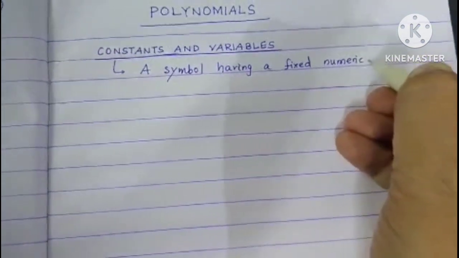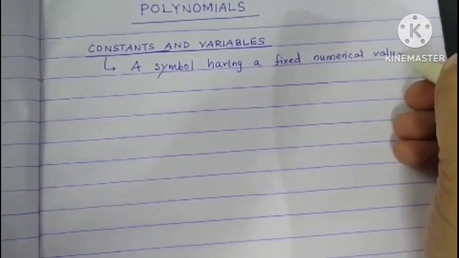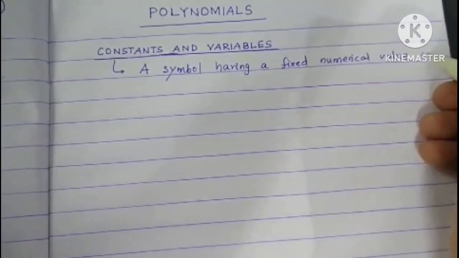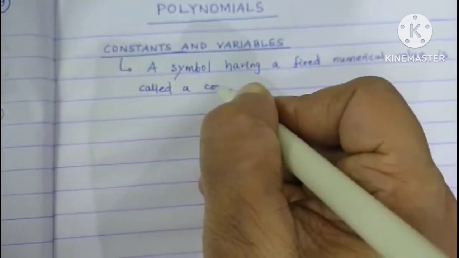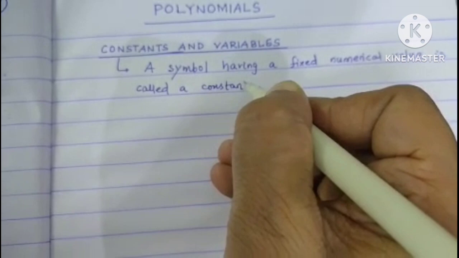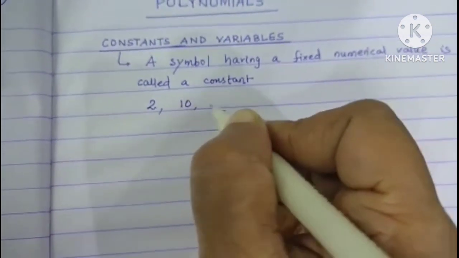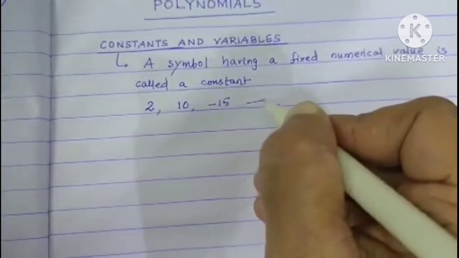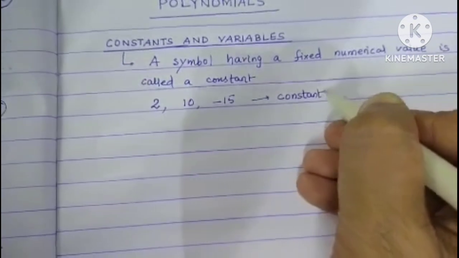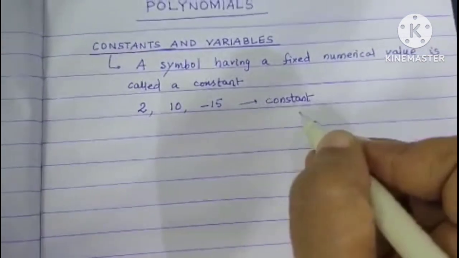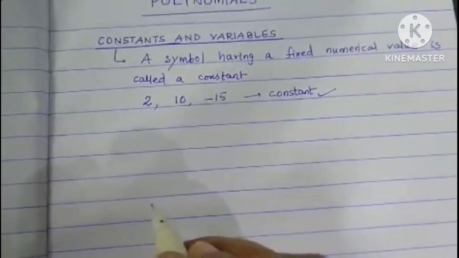Any symbol having a fixed numerical value is called a constant. Like if you write 2, 10, or -15, all these are called constants. Its value doesn't change anytime, so these are called constants.